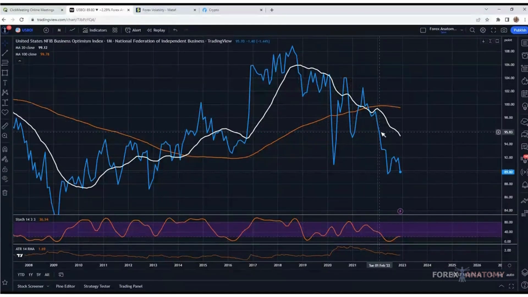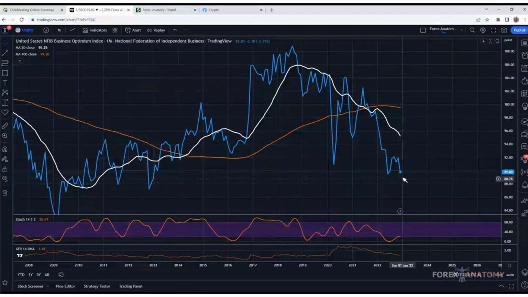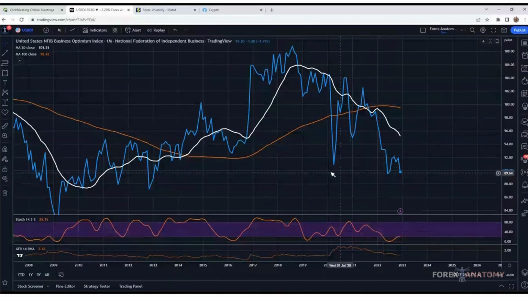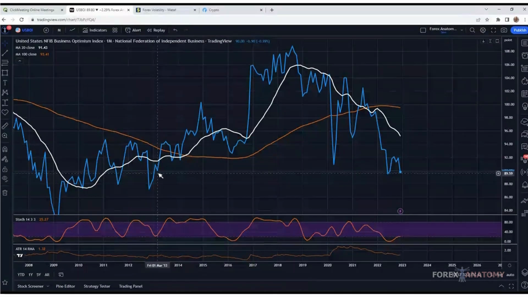They updated the figure yesterday, and it updated to a reading of 89.80. If you look to the left, the last time it was at 89.80 was in 2013, almost a decade ago. It was at these lows. So that's troubling news, and it can let you know what's happening to business optimism.